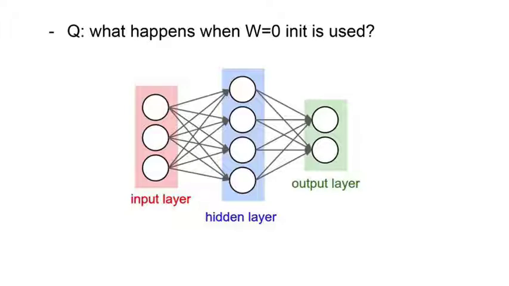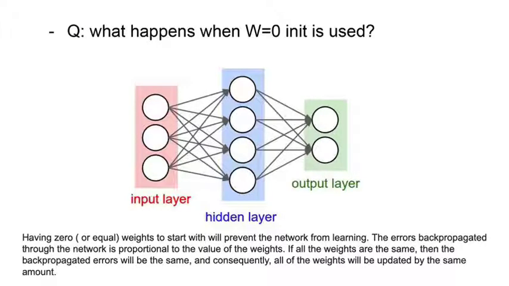And now the question is, do 0 weights also mess up the backpropagation? And the answer is yeah. Having all weights equal to 0 is essentially saying that your network will not learn anything.